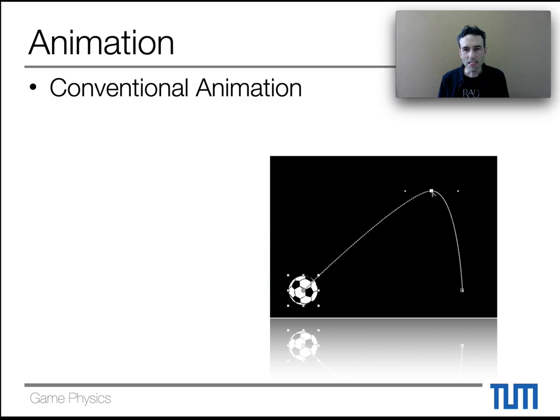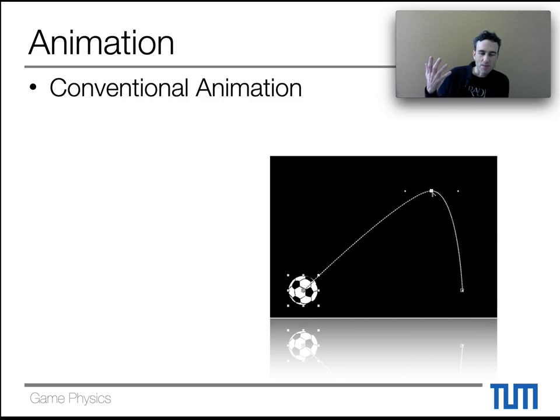Yeah, let me explain a bit more these different ways to do animation. That's also worth a few comments to motivate a bit why these physical models are interesting and important in virtual environments.